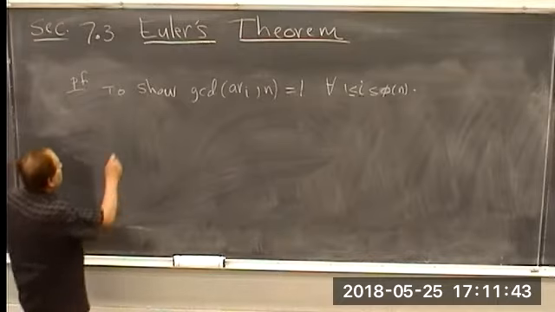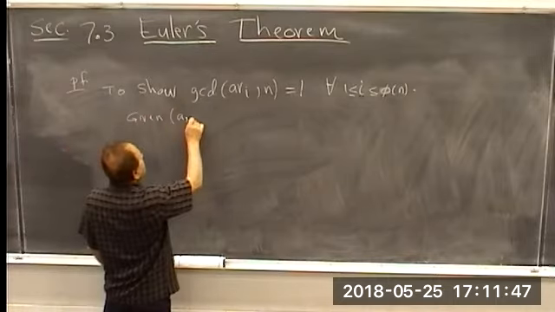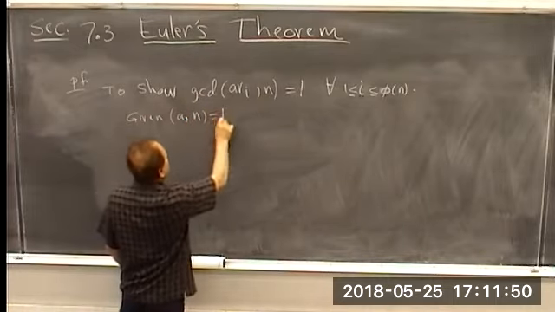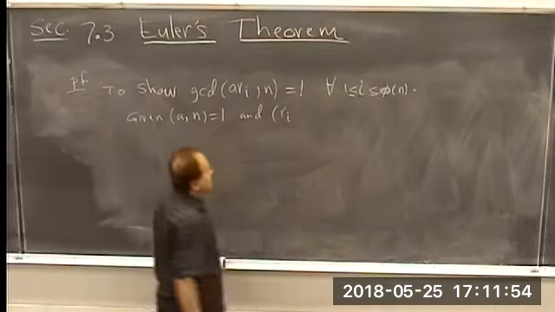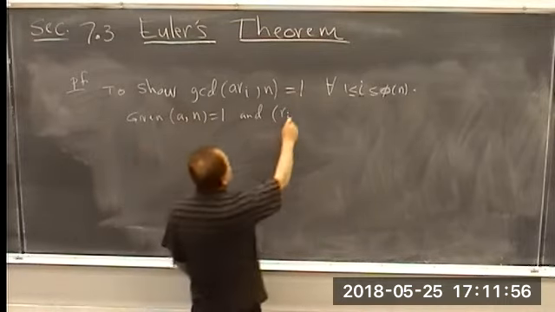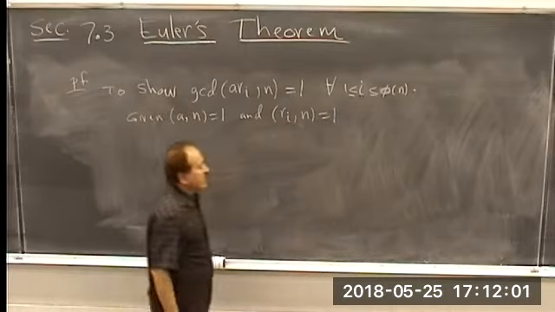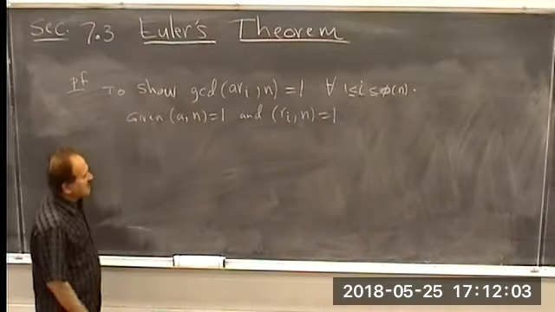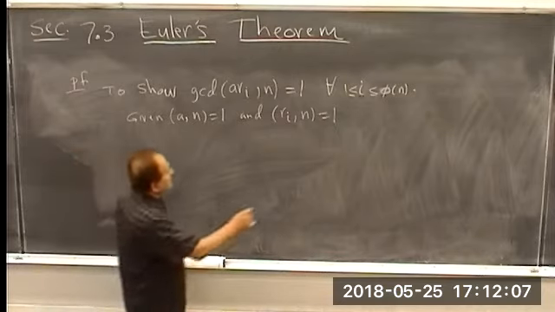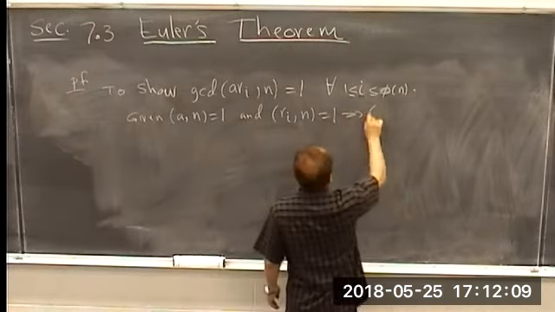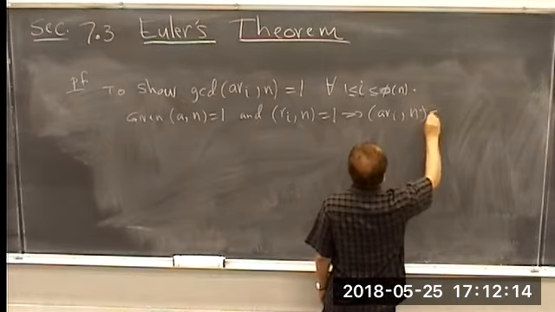All right, so we're given, of course, that the greatest common divisor of a and n is equal to 1, and by definition of reduced residue system, each one of these Ri and n is also equal to 1. So we have the lemma back in, I think, this chapter 7. This implies that the product of these is relatively prime to n.